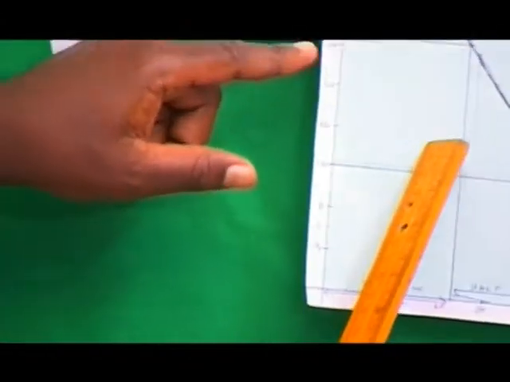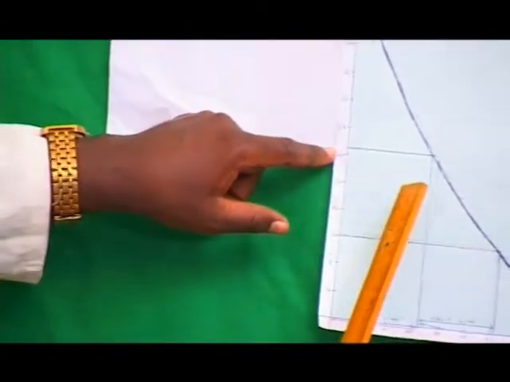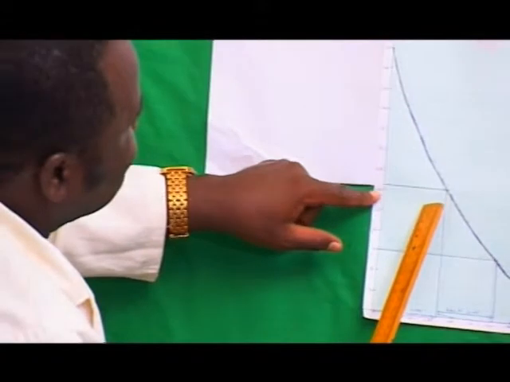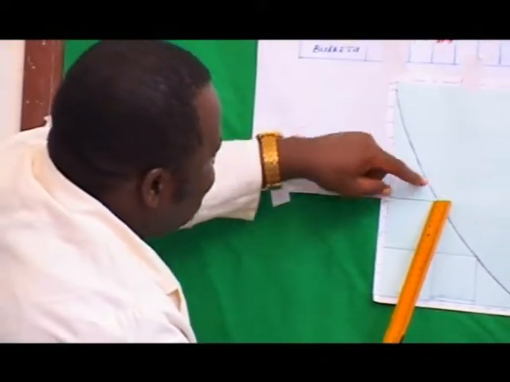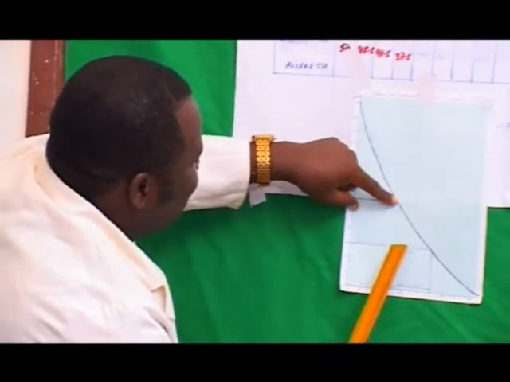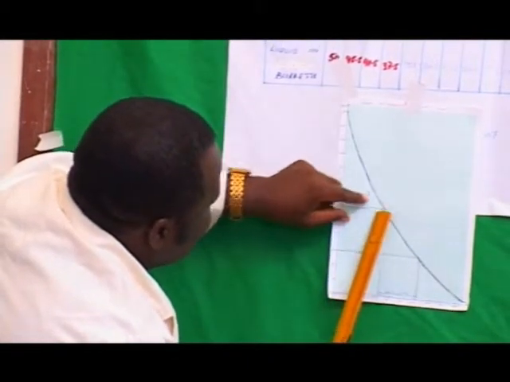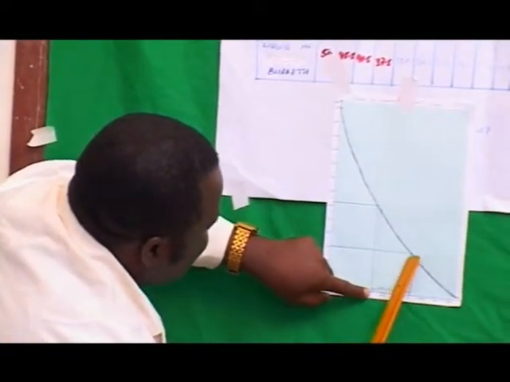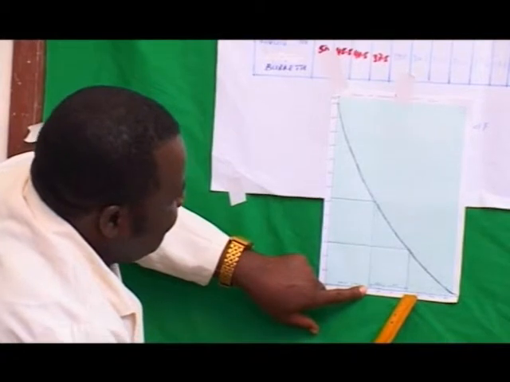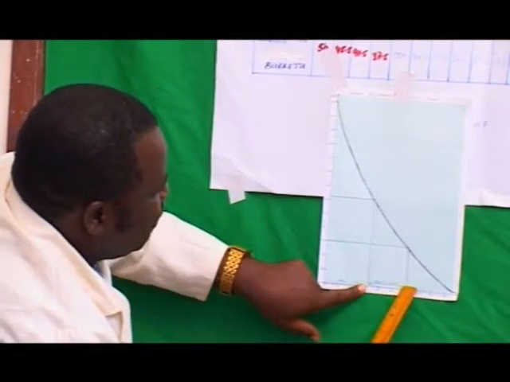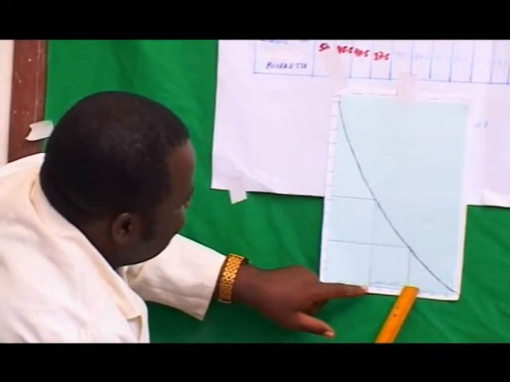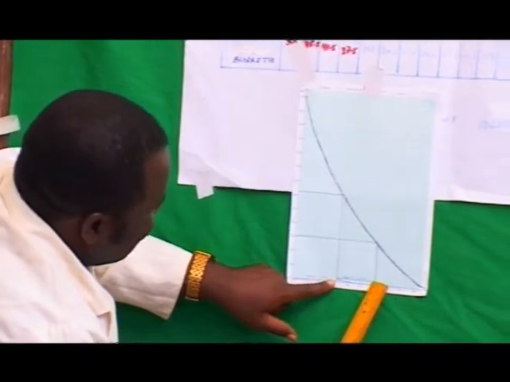And find the time taken for the volume of the liquid to decrease from 25 to 12.5 cubic centimeters. Again, this interval is 63 seconds.